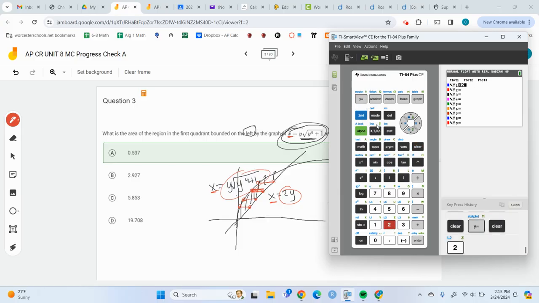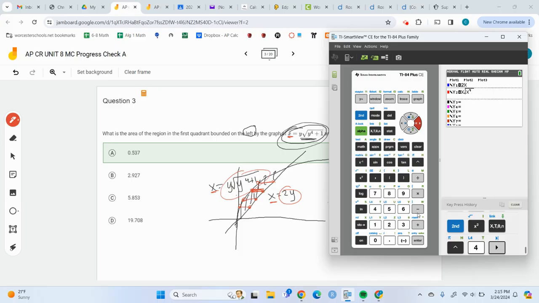I need to find out where 2y and y squared of y to the fourth intersect. And I can't put y in my calculator and expect to get anything. So I'm going to graph 2x, knowing that whatever x value I get is actually a y value. That, I think, is what makes these problems a little bit more challenging.